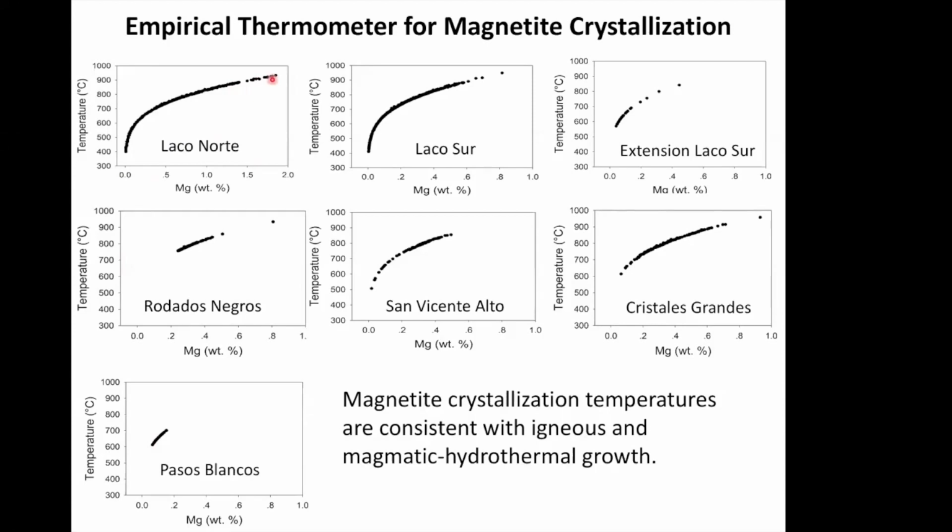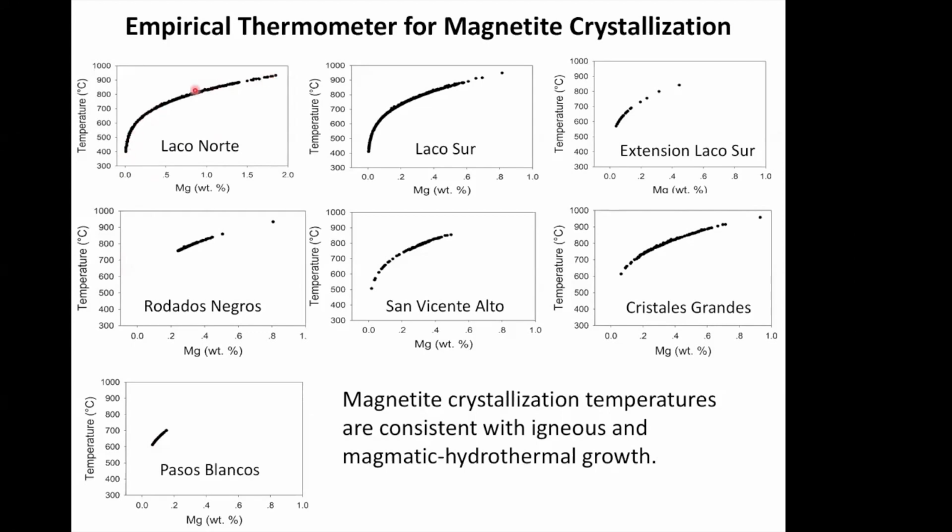But what I want you to see is that the temperatures span the range from magmatic temperatures through magmatic hydrothermal temperatures. And again, if you were looking at a porphyry system, you would say, well, duh, we know that porphyry systems evolve by cooling magmatic hydrothermal fluids. So you would almost predict this for porphyry systems.